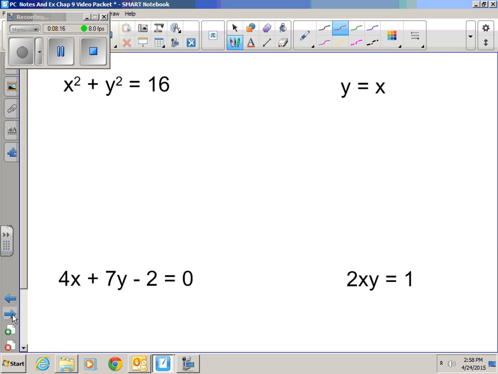So, if we want to convert x squared plus y squared is equal to 16 into polar coordinates, first of all, let's think about this. X squared plus y squared is a circle with a radius of 4.